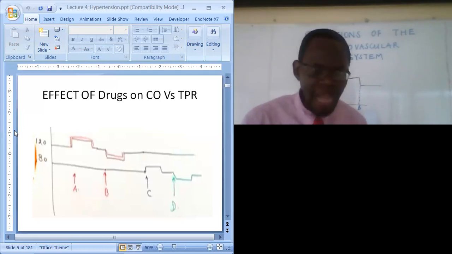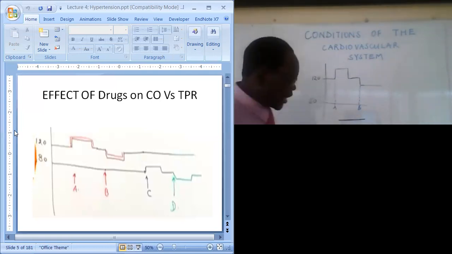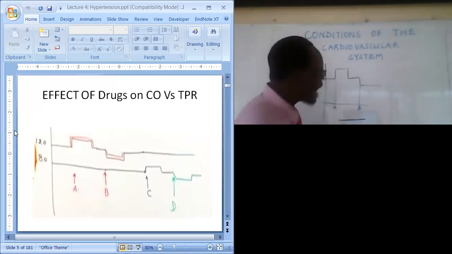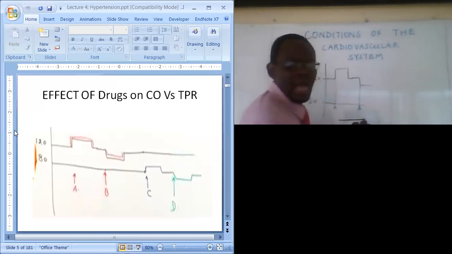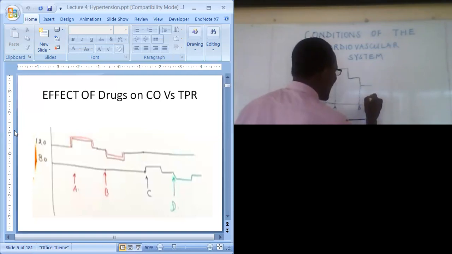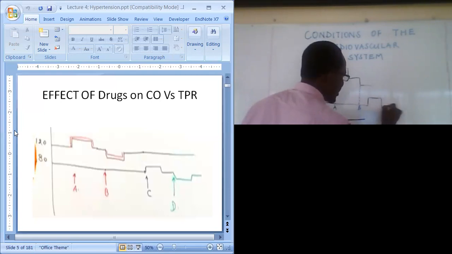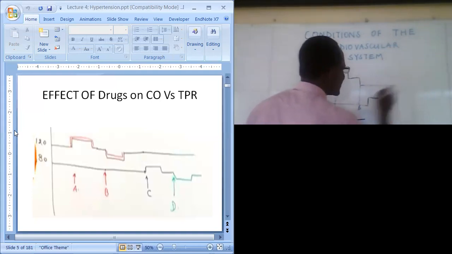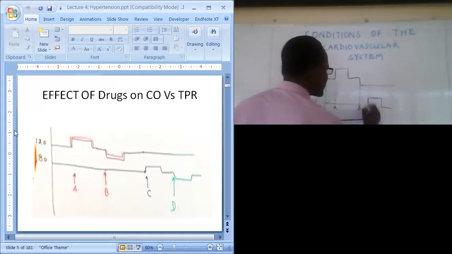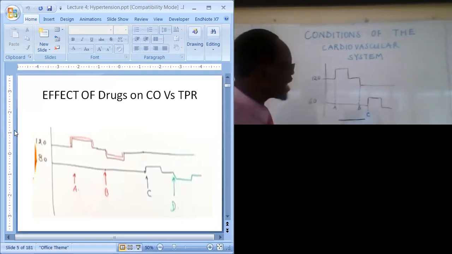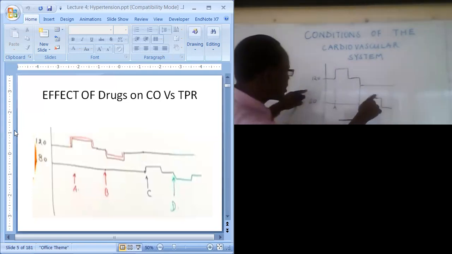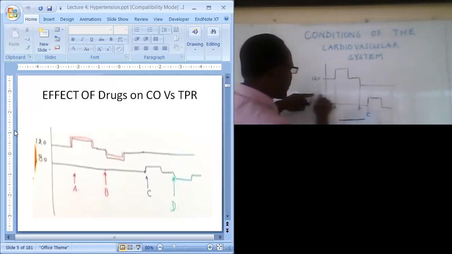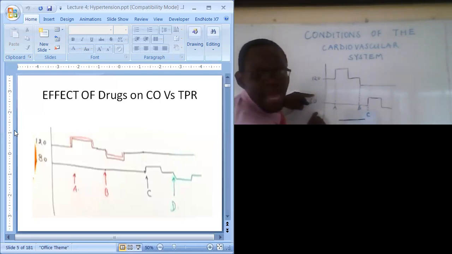Are we together? Now, the other example, if I give a drug C and that drug C does this, what has that drug C done? It has increased the systolic blood pressure.